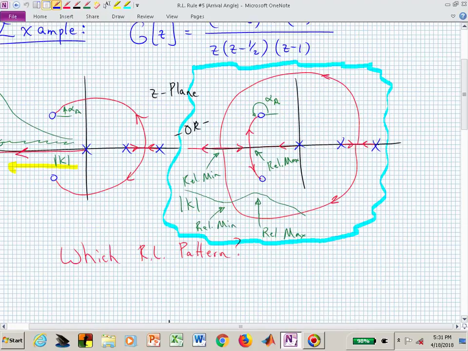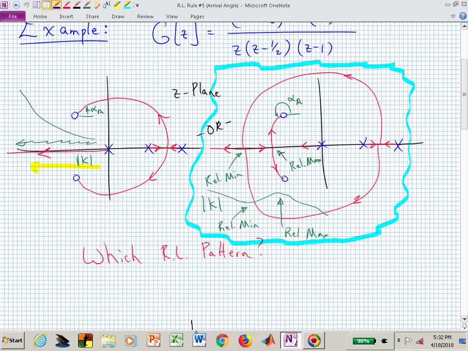You'll start to interpret and understand which of these diagrams might go with a particular set of poles and zeros. This is for angle of arrival: how do the branches of your root locus arrive at the complex zeros, and in what direction? That's indicated by alpha sub A in both of these.